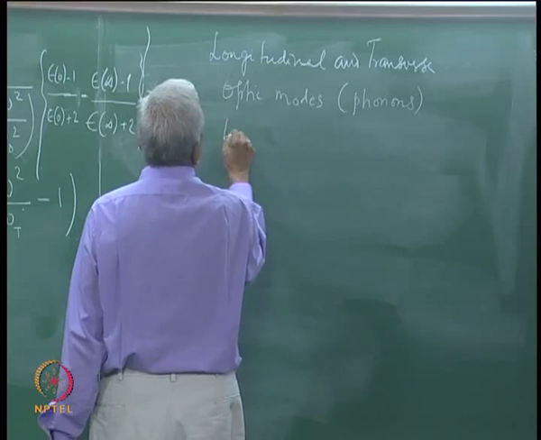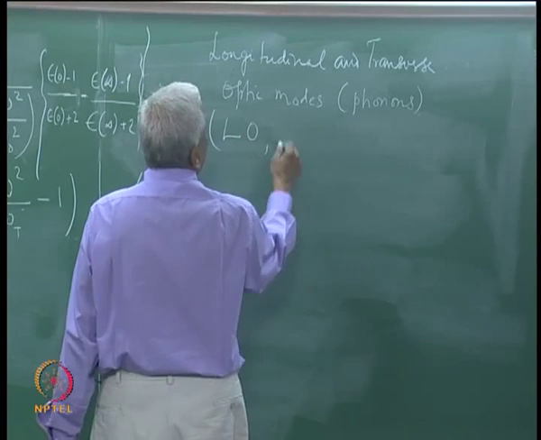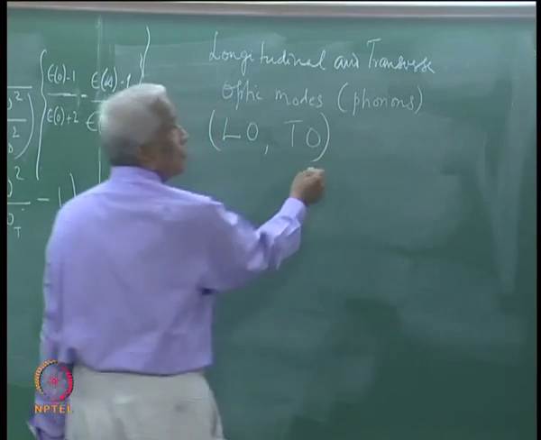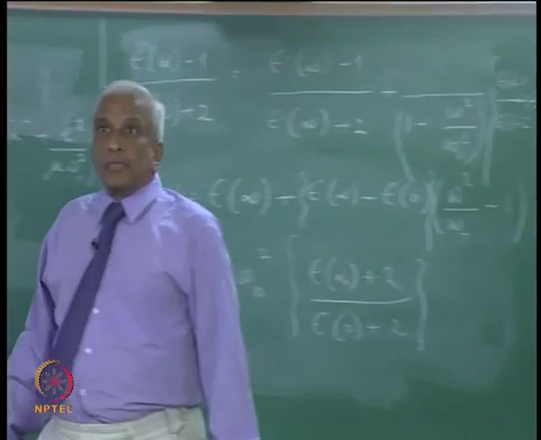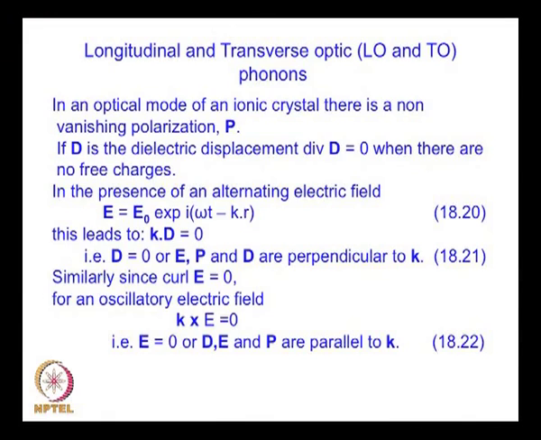Usually they go by the abbreviation LO and TO phonons. So, in an optic mode of an ionic crystal, there is a non-vanishing polarization P, and associated with this is the electric displacement D.